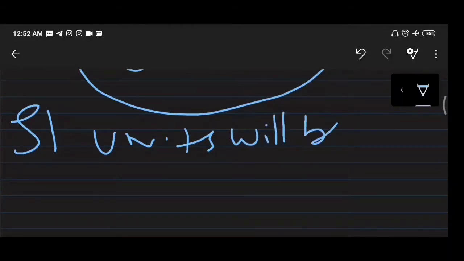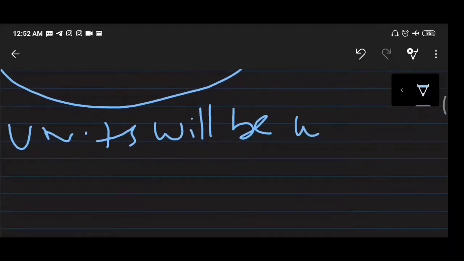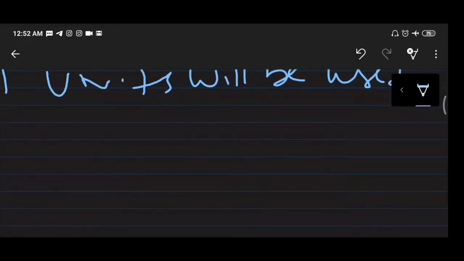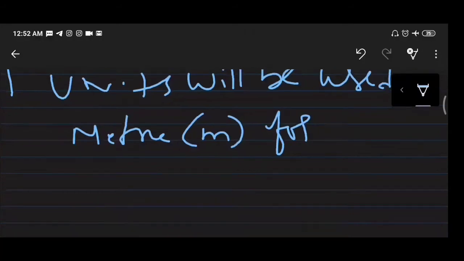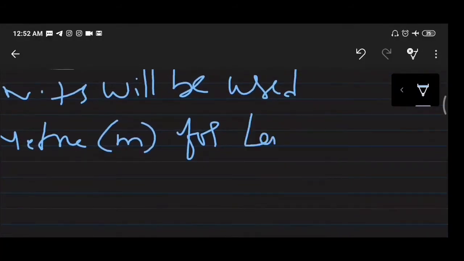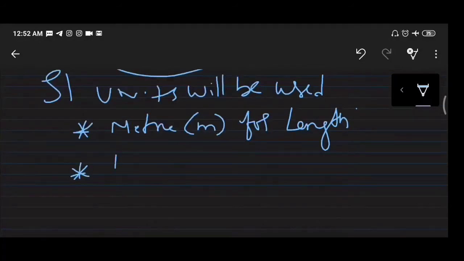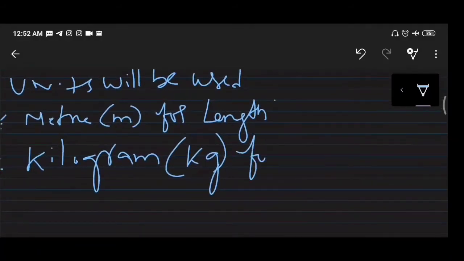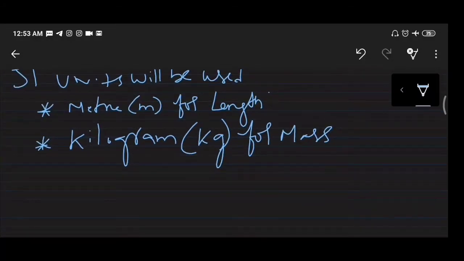So the basic units are meters for length, kilogram for mass, these are the basic units you already know.